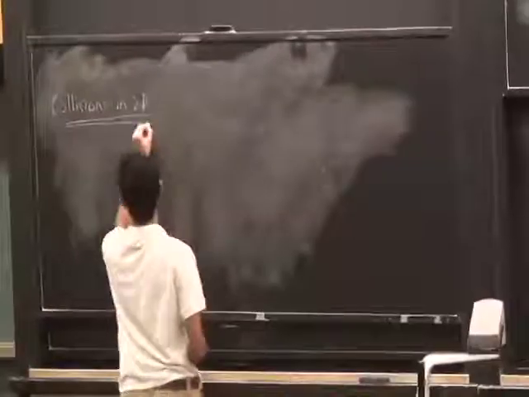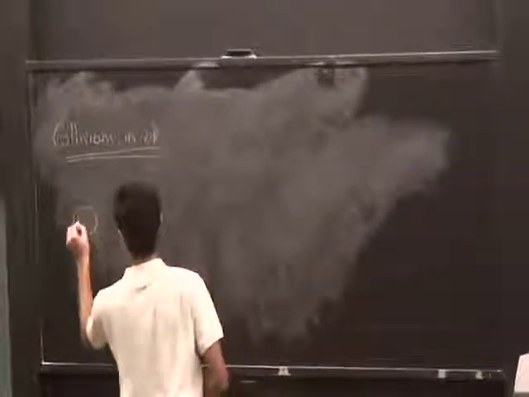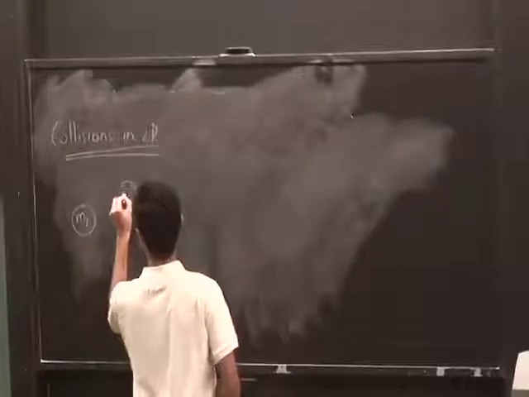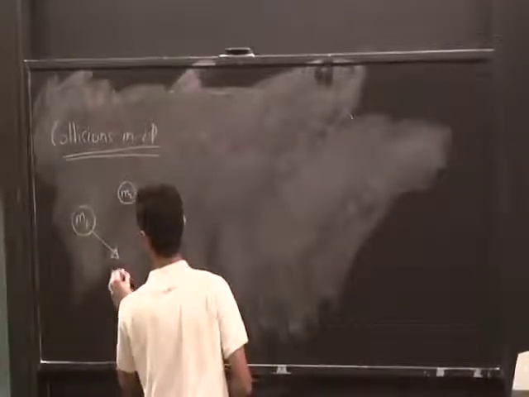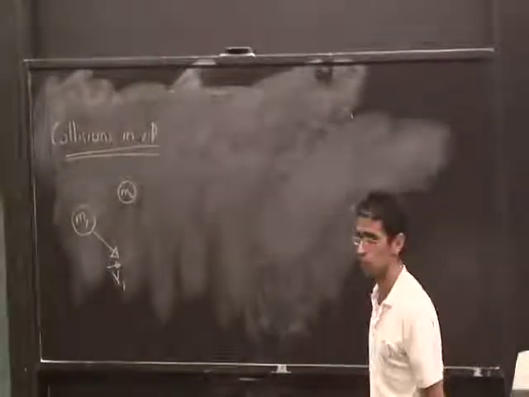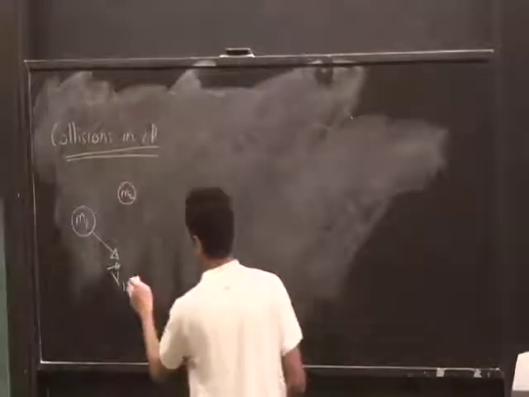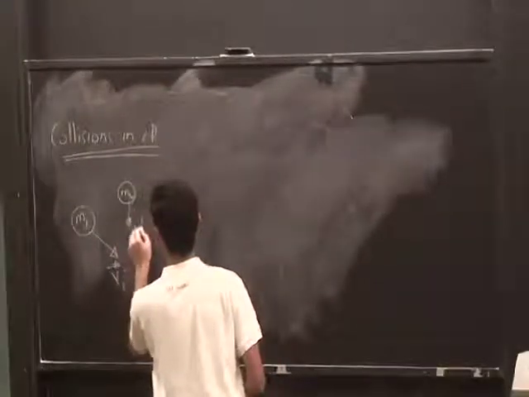Okay, so the setup is there are two masses. Let's call them M1, M2, traveling with speeds v1, v2. Now we are in 2D, so I'm going to write everything in vector notation. Let's call the speed of mass M1 as v1 and that of M2 as v2.